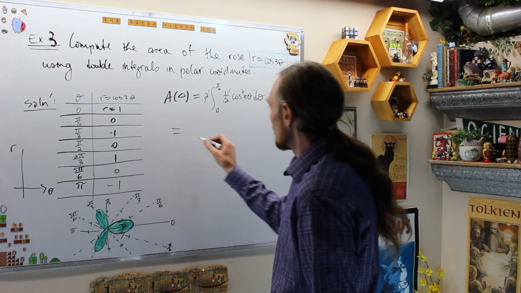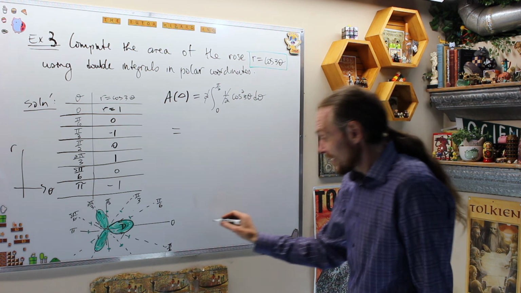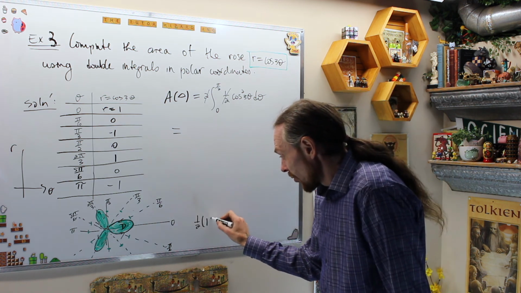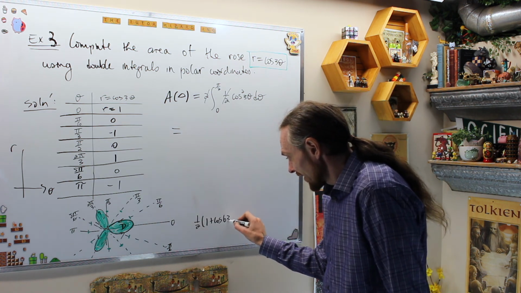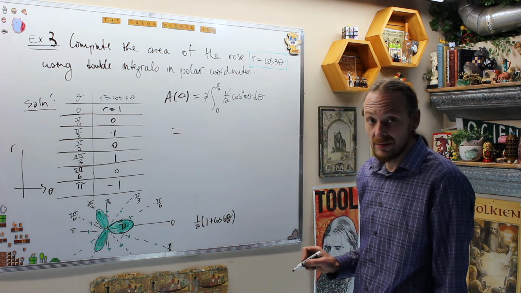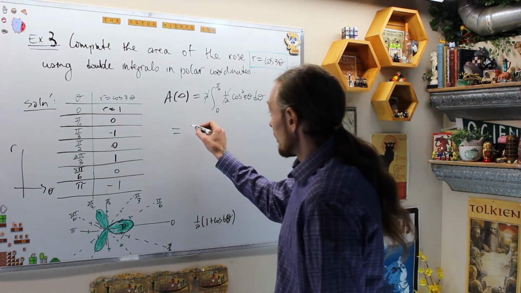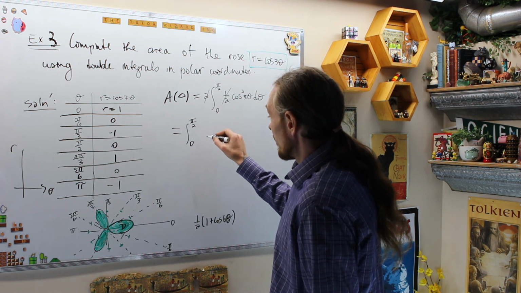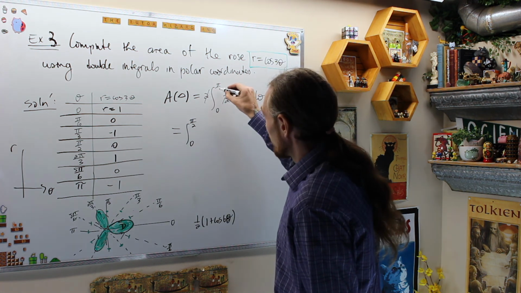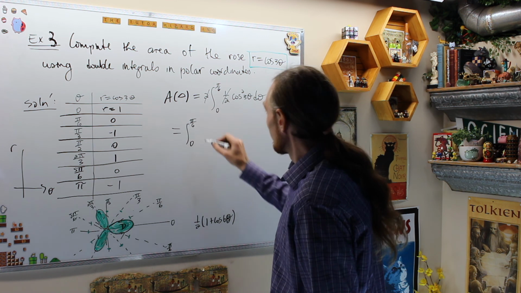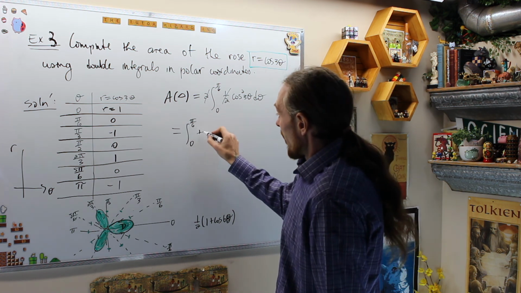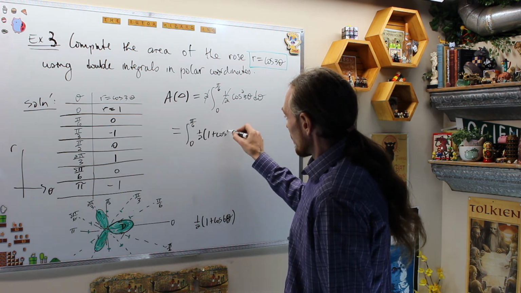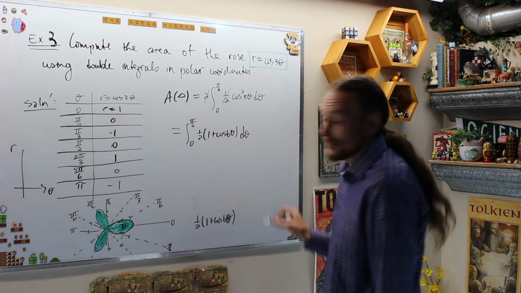This is now equal to, I have to use a trigonometric identity, 1/2 times 1 plus cos 6 theta. So this is equal to the integral from 0 to pi over 6 of 1/2 times 1 plus cos 6 theta d theta.